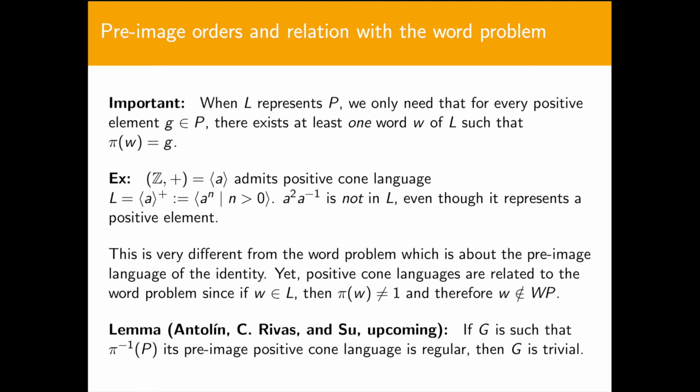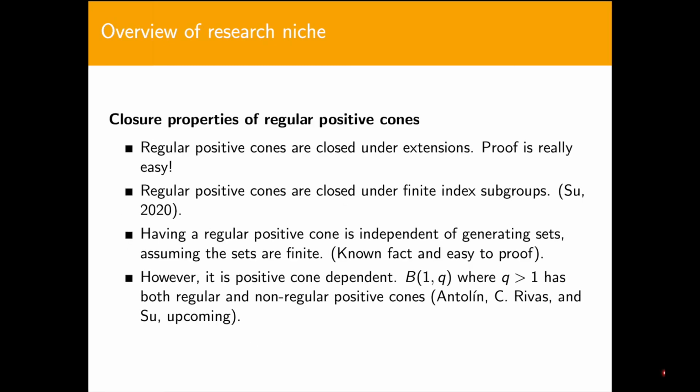So this justifies why we have such a definition for our languages evaluating to P, why we only require one word to represent each element that's positive, because if we had the whole pre-image language being regular, then G is trivial, so we wouldn't want to study that.